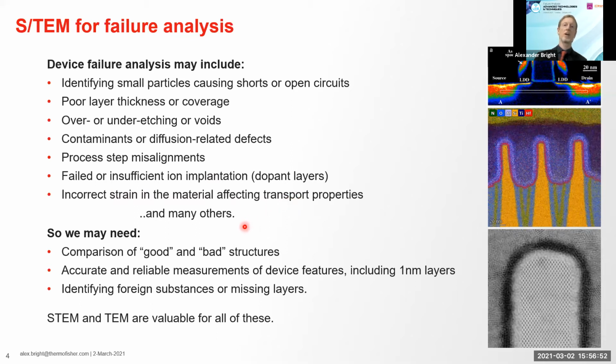And there are lots of other examples, and we may need to compare good and bad structures. We may need to measure things accurately, including very thin layers. We may need to identify foreign substances or missing layers. And in all of these cases, STEM and TEM are very helpful.